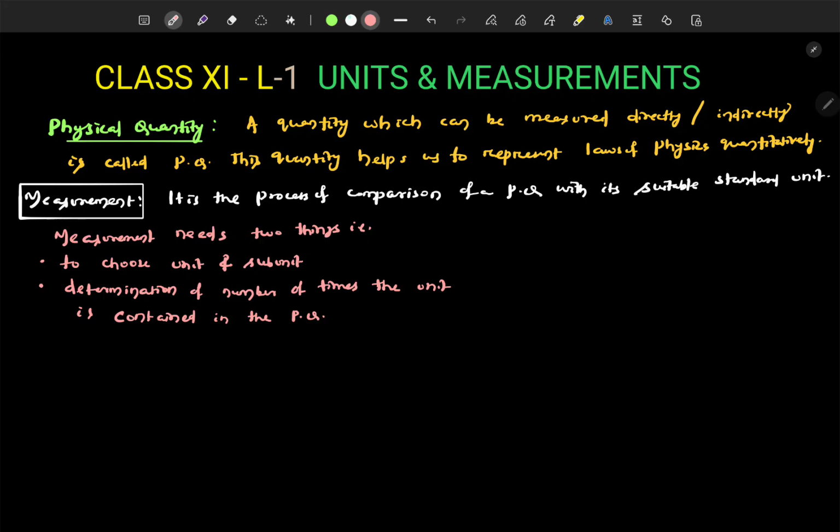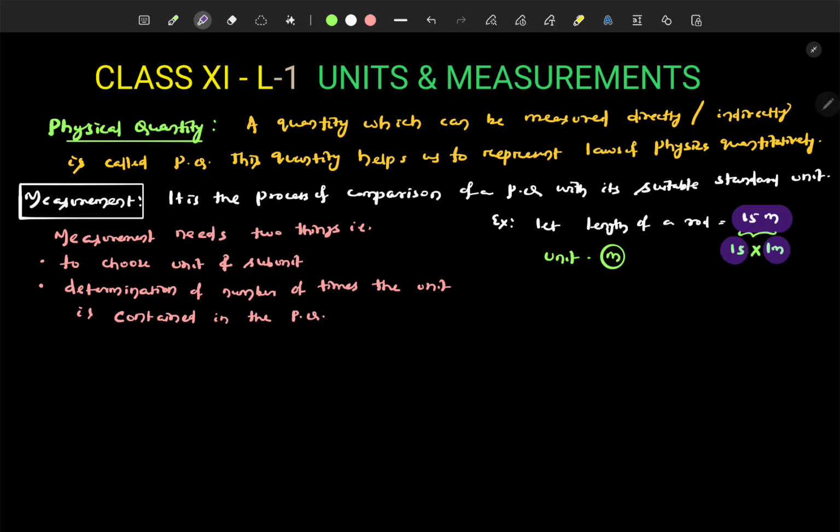For example, let the length of a rod be equal to 15 meter. Here the unit is meter, and 15 meter is equal to 15 into 1 meter. That means in this measured value the unit is contained 15 times.